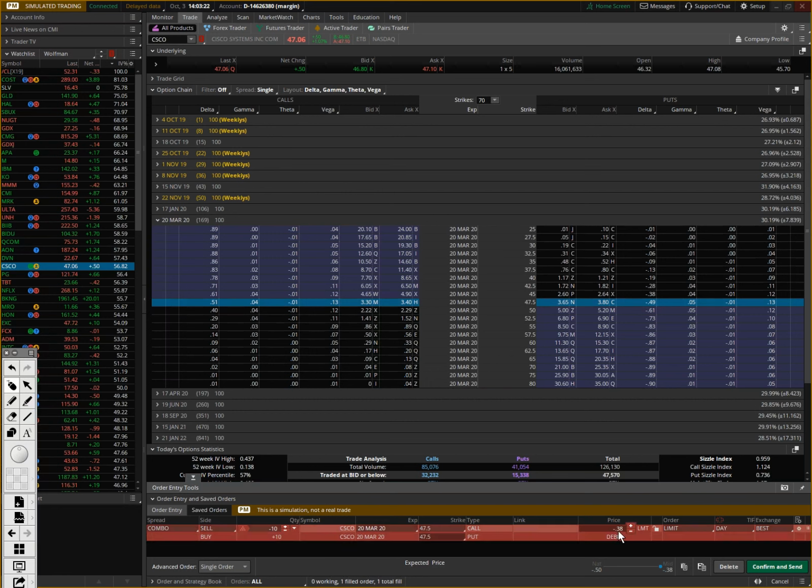We can figure out what our break even is on this by subtracting the 38 cents from 57.50, and that gives me, I'm getting short this at 47.12. So you can see 47.12 is basically above where the market's trading. So that's good.